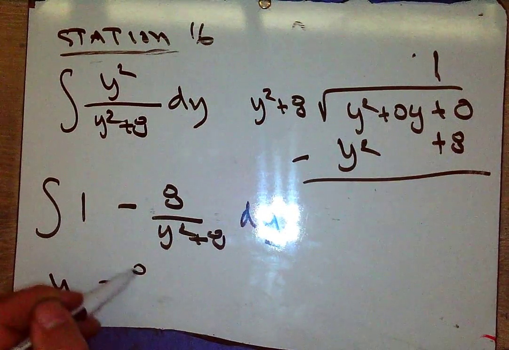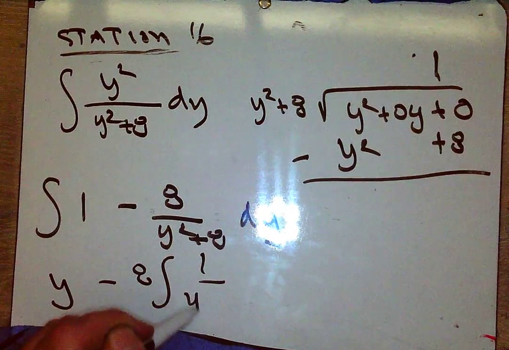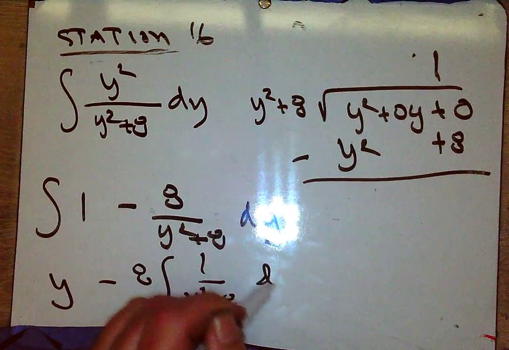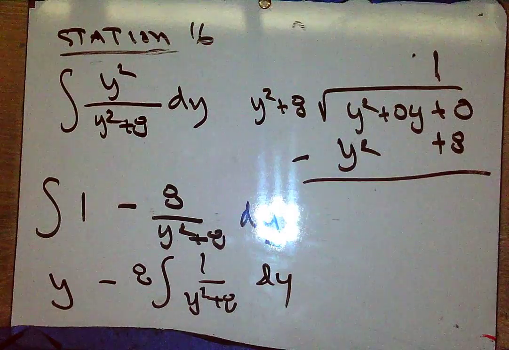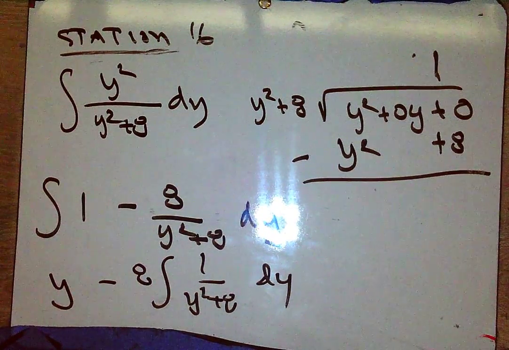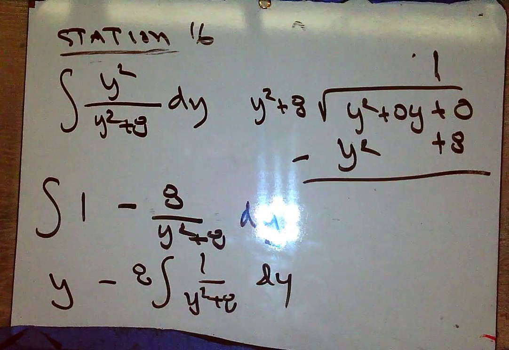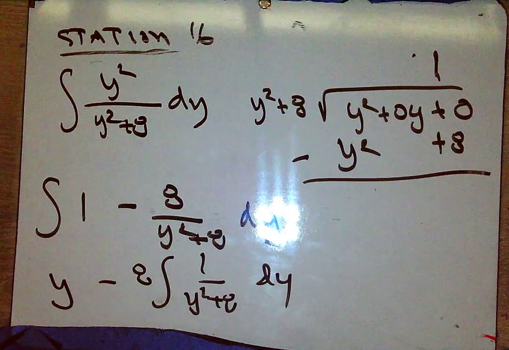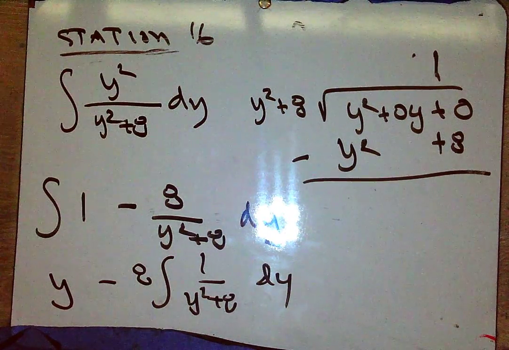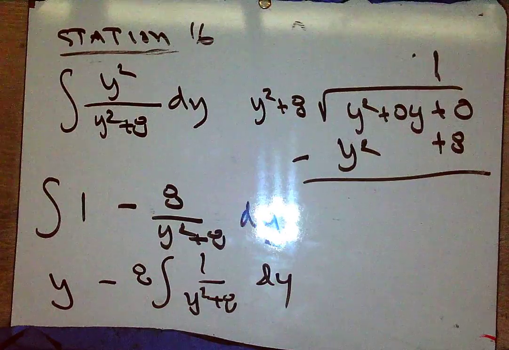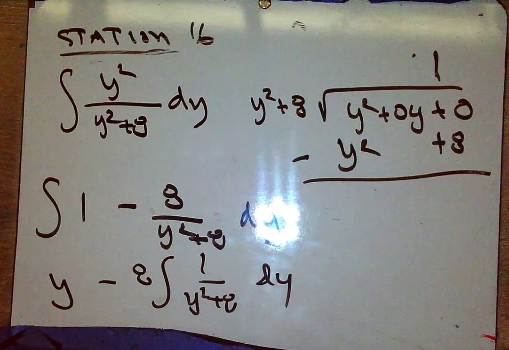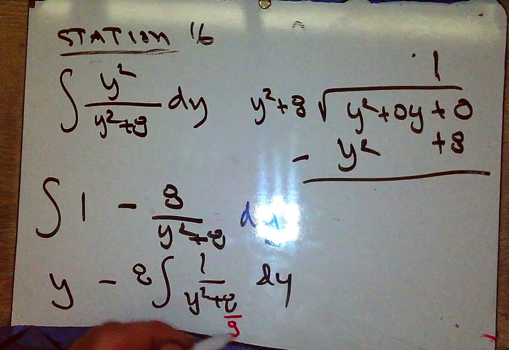Now here, does that look familiar? Does that look like you should know how to do that antiderivative? I'm hoping so. I would love it if you said, hey, that's almost inverse tangent. If only I had a 1 here.